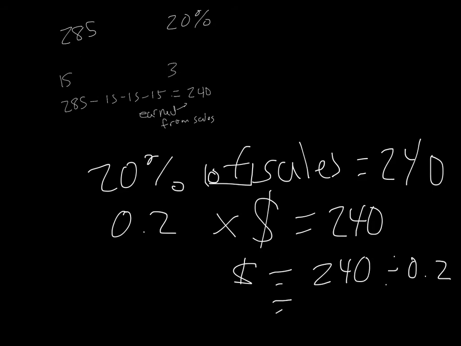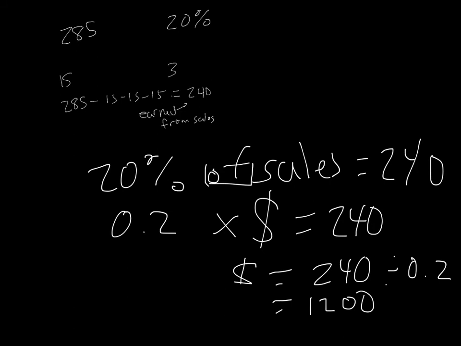Those of you who are good at mental math, what is dividing by 0.2? I'm really dividing by 2 out of 10, which is the same as multiplying by 10 over 2, which is the same as multiplying by 5. As soon as you look at divide by 0.2, you will think times 5. 240 times 5? 1,200. Good. 1,200 bucks is what he sold.